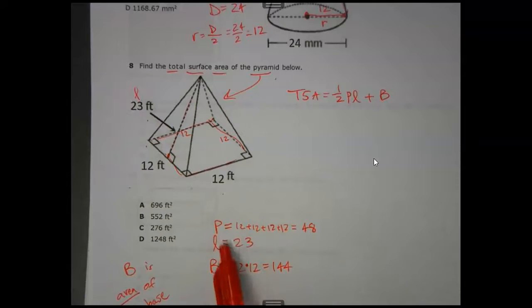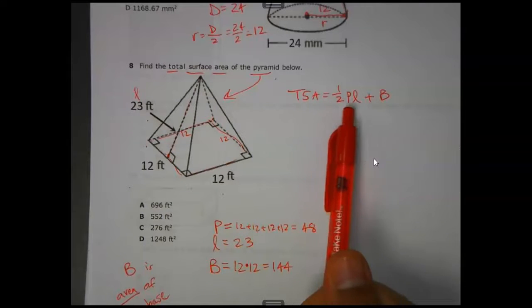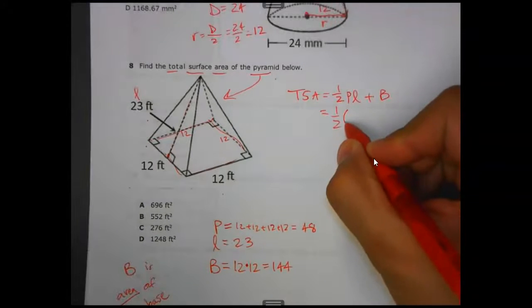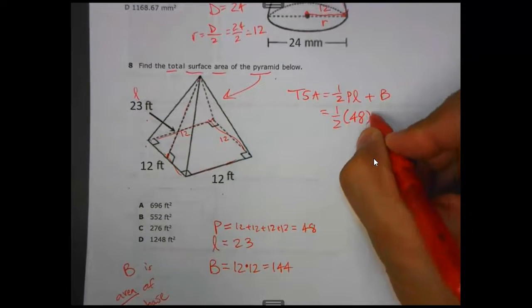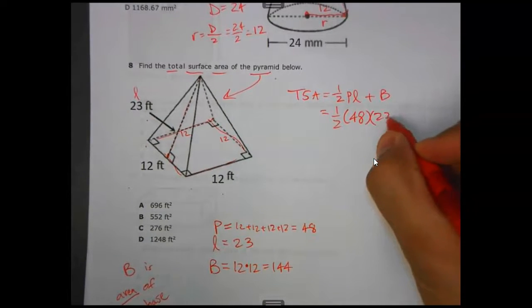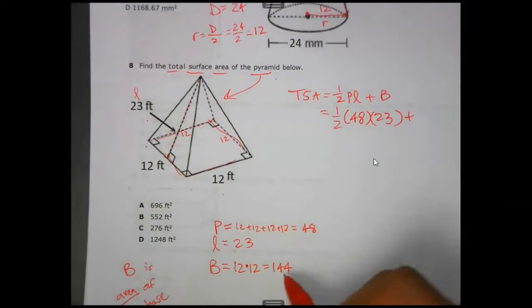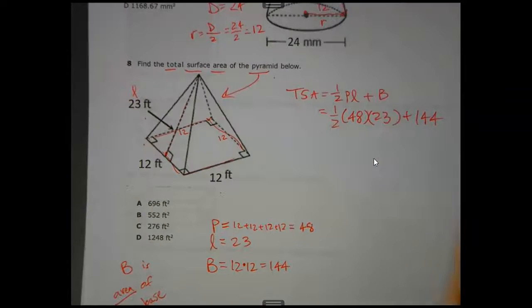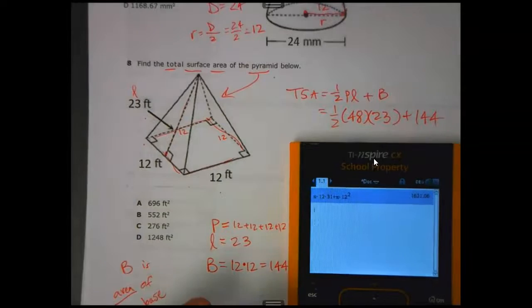If you know P, L, and B, you can plug in to 1/2 PL plus B. So let's do that. 1/2, instead of P, I'm going to put 48. Instead of L, I'm going to put 23. Instead of B, I'm going to put 144. Once you have it written out, calculator time. So here we go. 1/2: 1, control divide 2, go to the right.